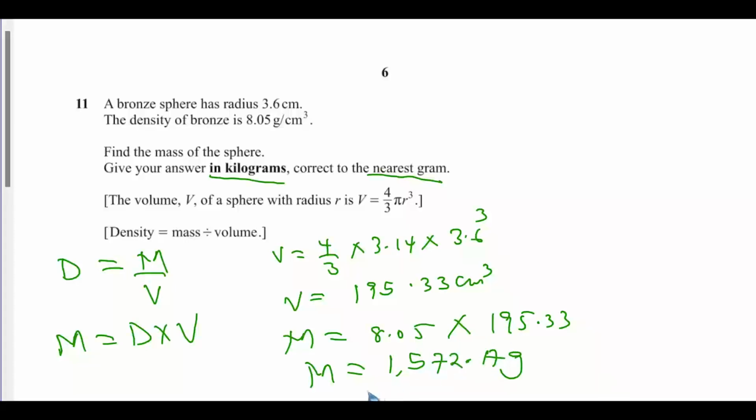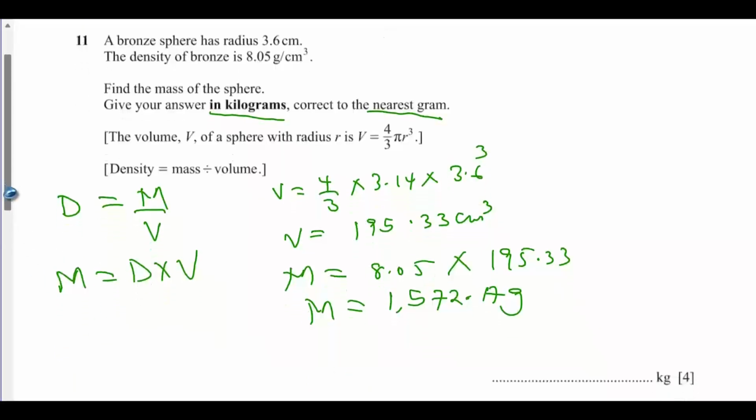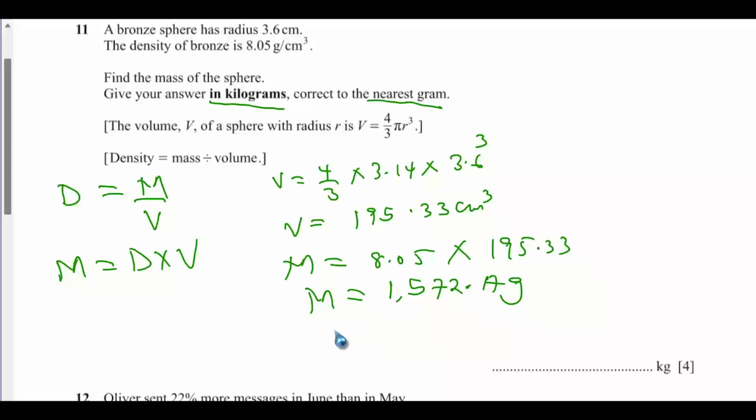Okay, but we are asked to leave the answer in kilograms, correct to the nearest gram. Okay, so to the nearest gram now, this will be m equals to 1572 grams. Okay, so this is to the nearest gram.